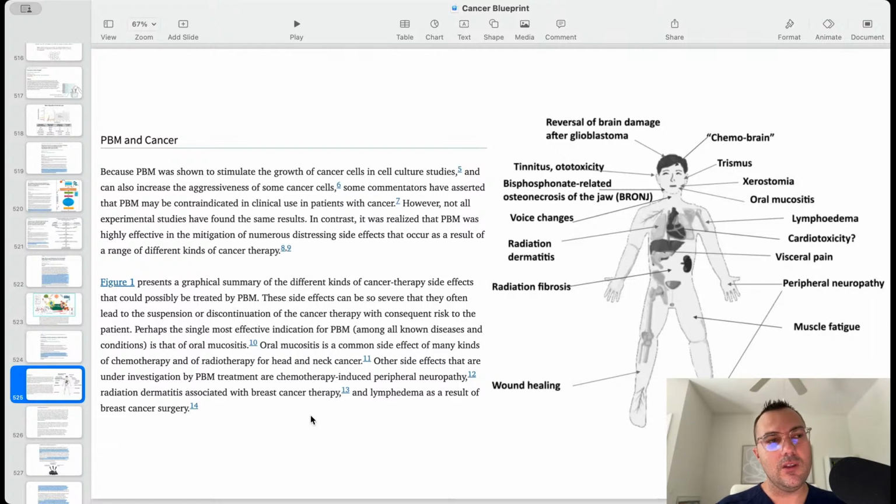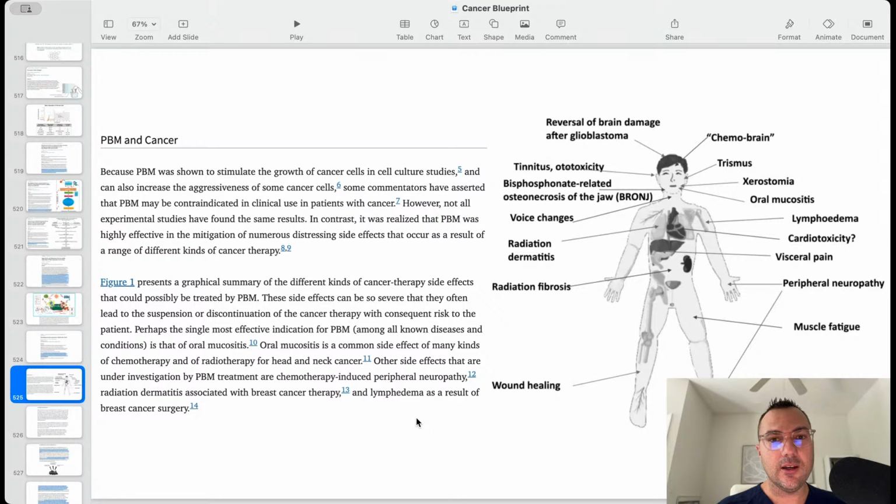What I've seen in the literature with these alternative or integrative therapies is they want to look at how they can help the cancer patient have a better quality of life, which I'm not saying is bad. Not at all. As a matter of fact, if I can improve your quality of life, that's amazing.